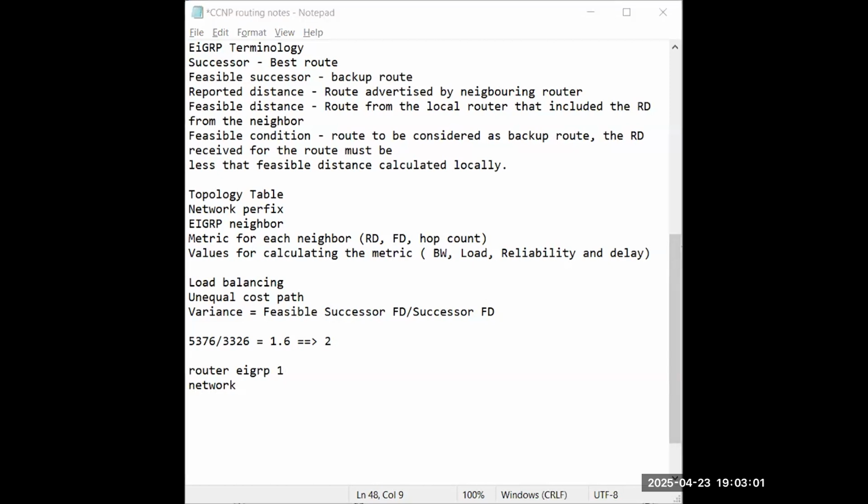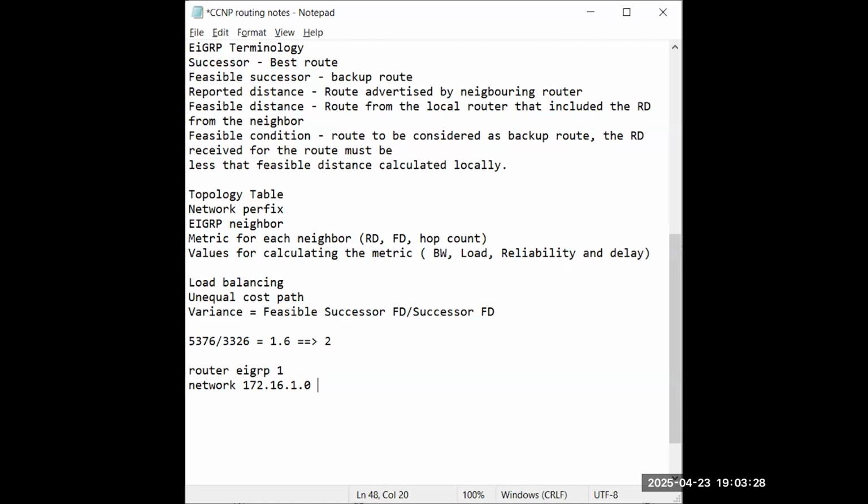Say, for example, 172.16.1.0. If you leave the subnet mask or wildcard mask blank, it's going to just use the default value.